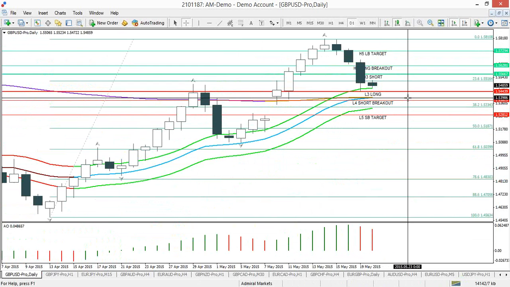But that would be a long at 154, and from a discretionary perspective, I have some doubts if that is the best level at this moment. I would rather wait for a bit deeper retracement, like 153, 152.50 at the moment, or wait for today at least to see how today plays out, how today closes.